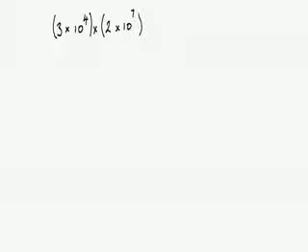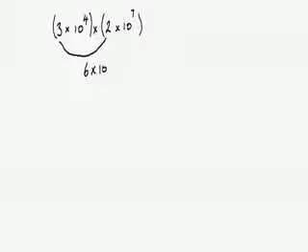What you do is you multiply like with like. So we just do the numbers first. So 3 times 2 is 6. Now we know our answer is going to be in standard form, so it's going to be times 10. Now 10 to the power of 4 times 10 to the power of 7.